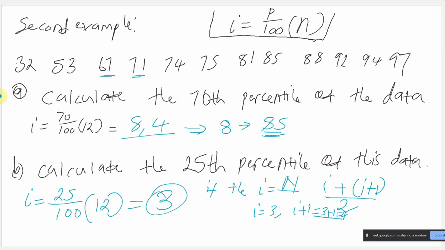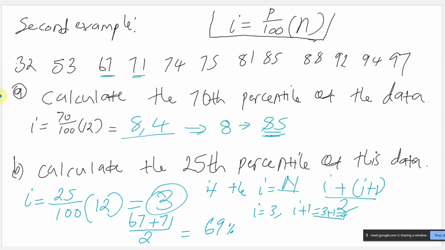So I'm going to have 67 plus 71, divided by 2, which is 69.